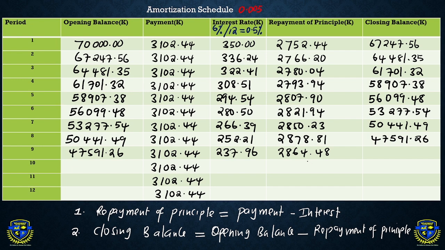Okay, then part of this repayment, or the repayment of the principal, which is the 2,864.48 being subtracted from the 47,591.26. Okay, it's going to give us the 44,726.78.